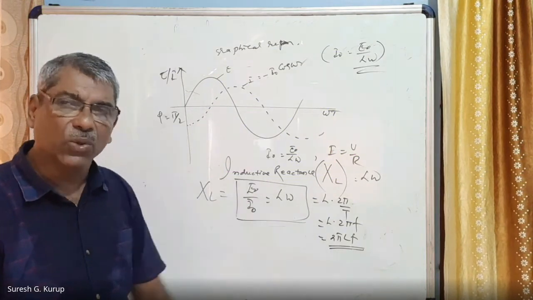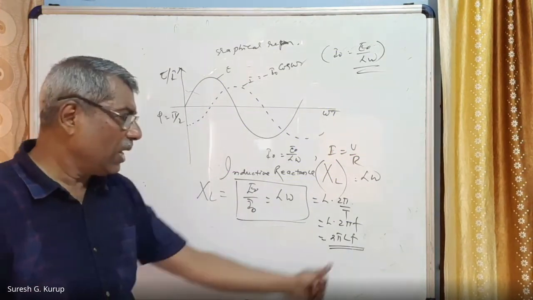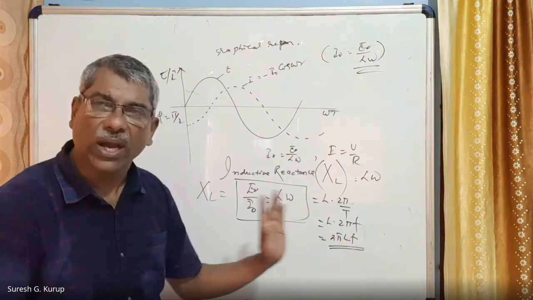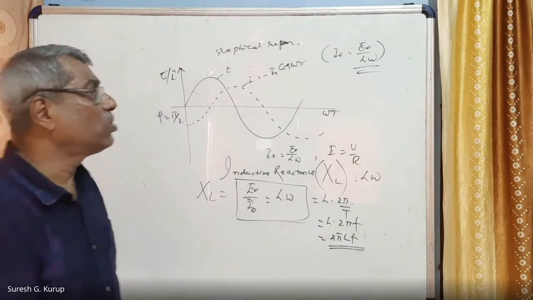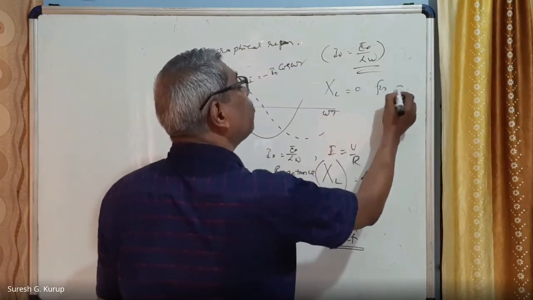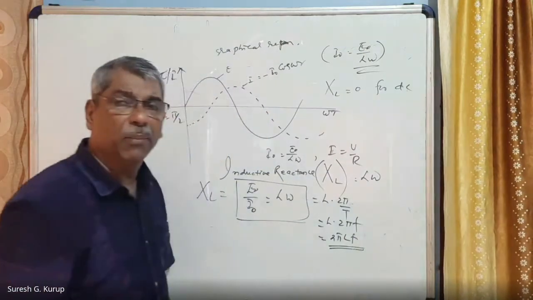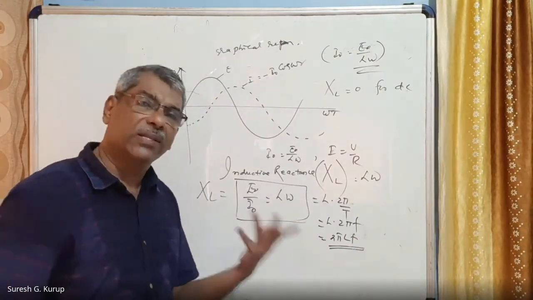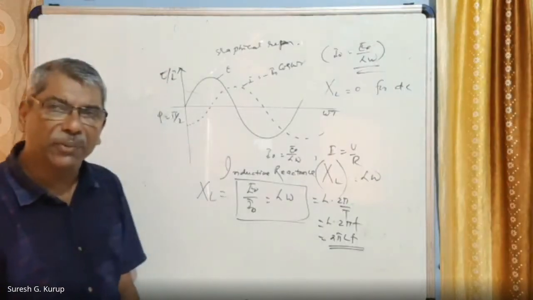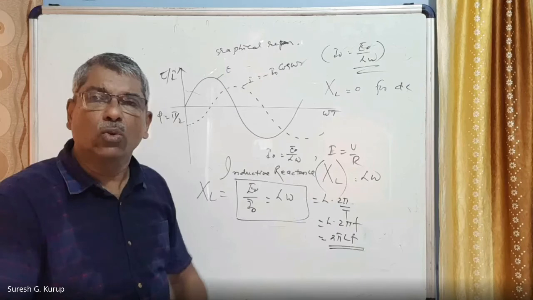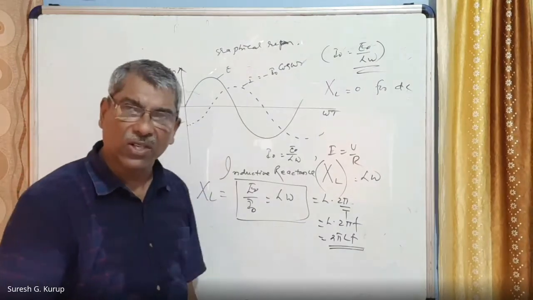For a DC source, DC current, F is equal to 0. Therefore, XL is equal to 0. XL is equal to 0 for DC, because DC has no frequency. So as a funny statement, I can say that an inductor is a superconductor when it is supplied in a DC circuit. Why superconductor?